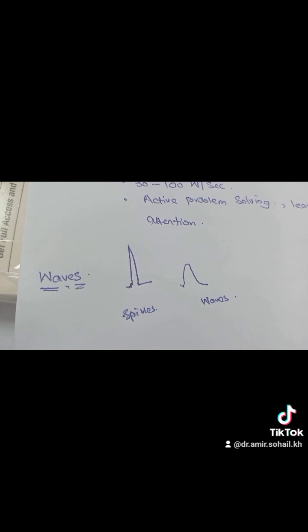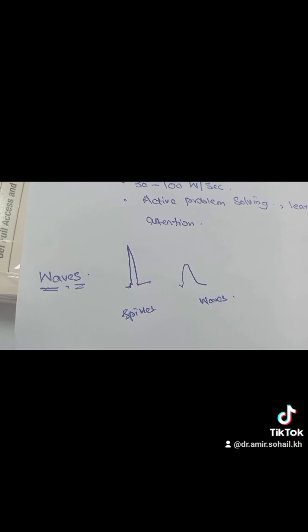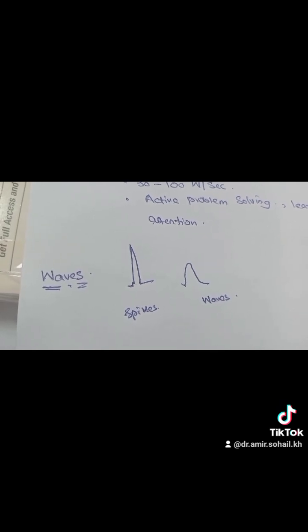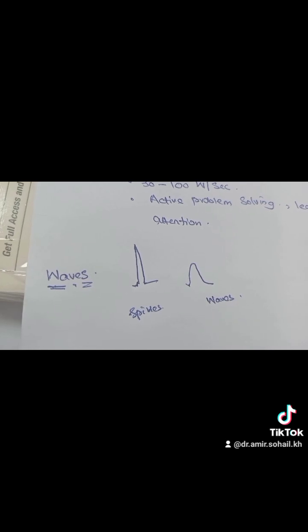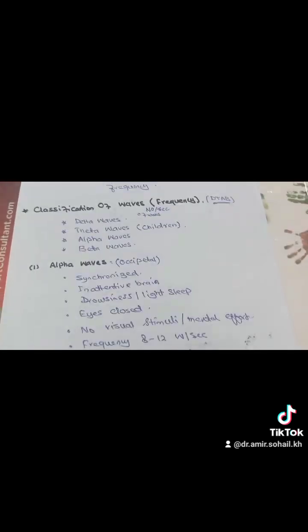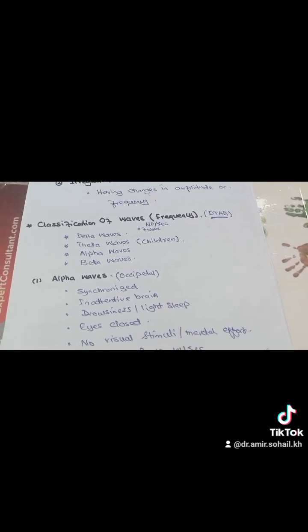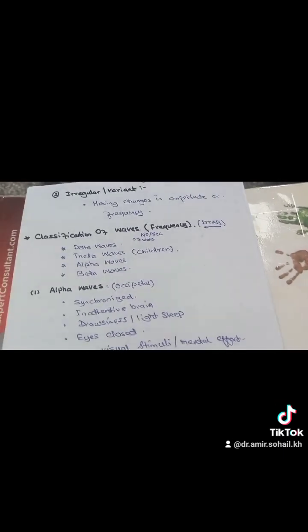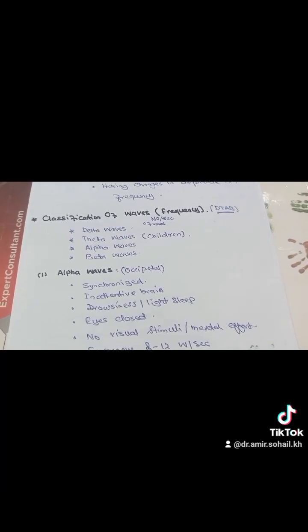In spikes, the changes are abrupt and almost always pathological. And waves can be pathological or physiological depending on the age of the patient. On the basis of frequency, that's the number of waves per second, it can be divided into delta waves, theta waves, alpha waves and beta waves.